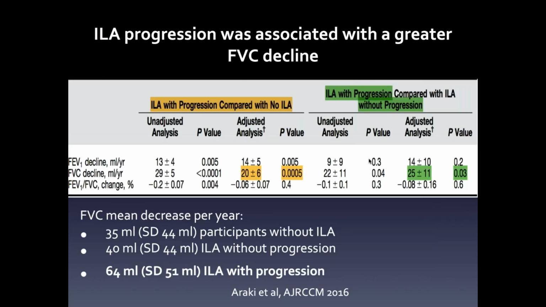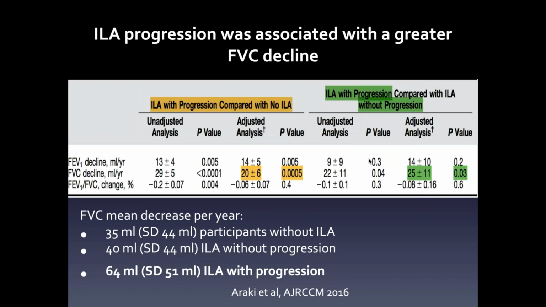The progression was not only associated with the increase of extension of lung abnormalities in CT scan, but also with FVC decline, so with pulmonary function decline in these subjects.